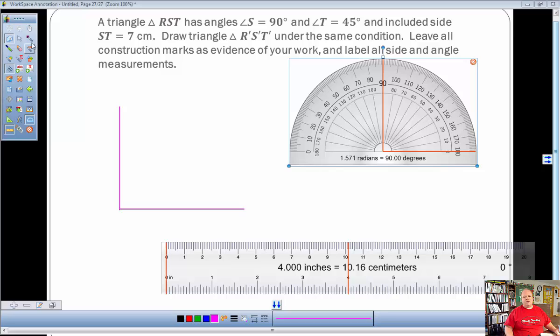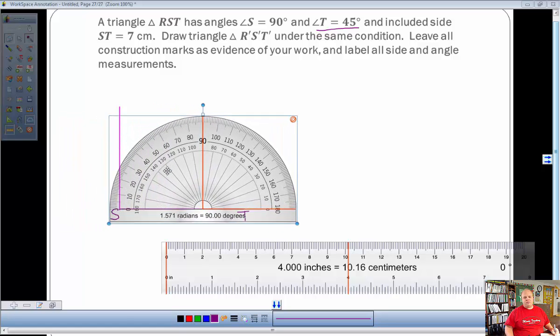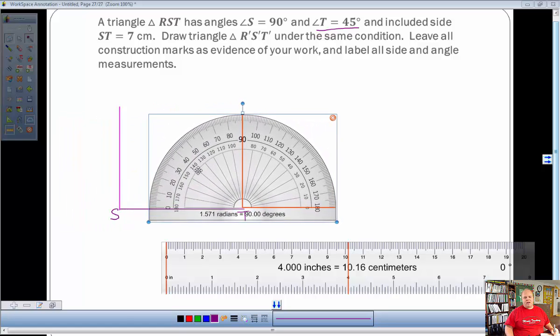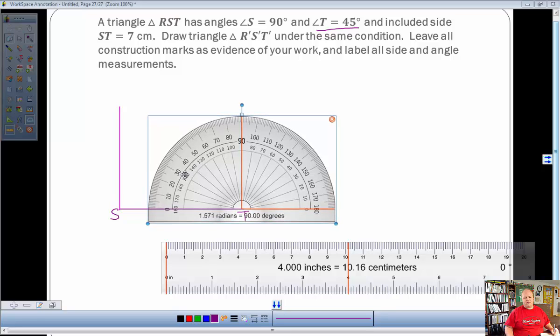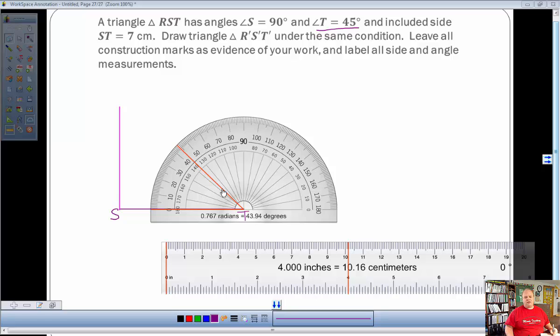Now, this is angle S. Now, angle T, it says, is 45 degrees. So I'm going to come back over here, put my point at the end, flip these lines around, bring this one down to 45 degrees.